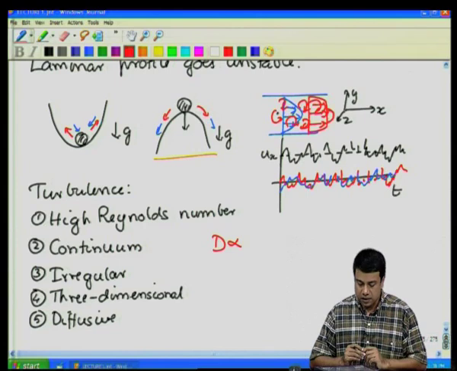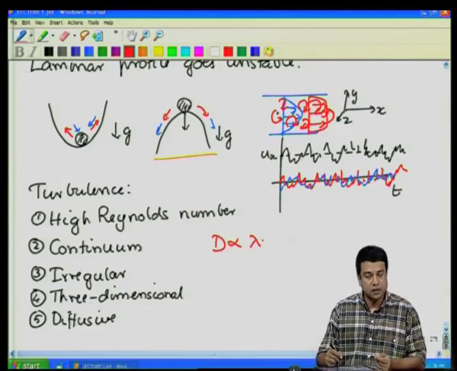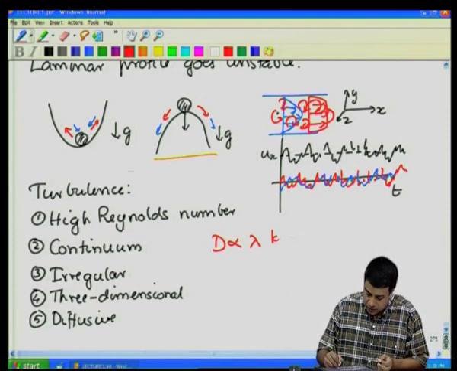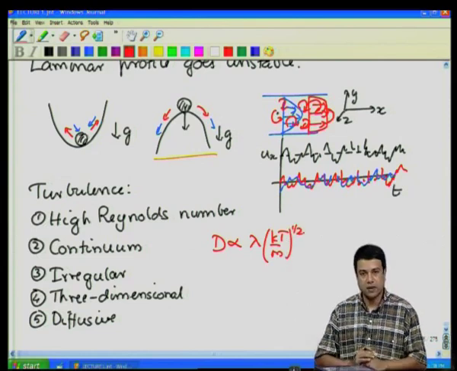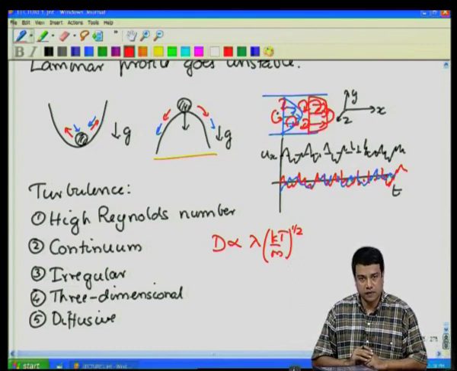And this transport scales roughly as the mean free path times the fluctuating velocity. The fluctuating velocity in a gas is equal to the square root of kT by m. Half mv square for the molecular velocity fluctuations is equal to 3 by 2 kT.